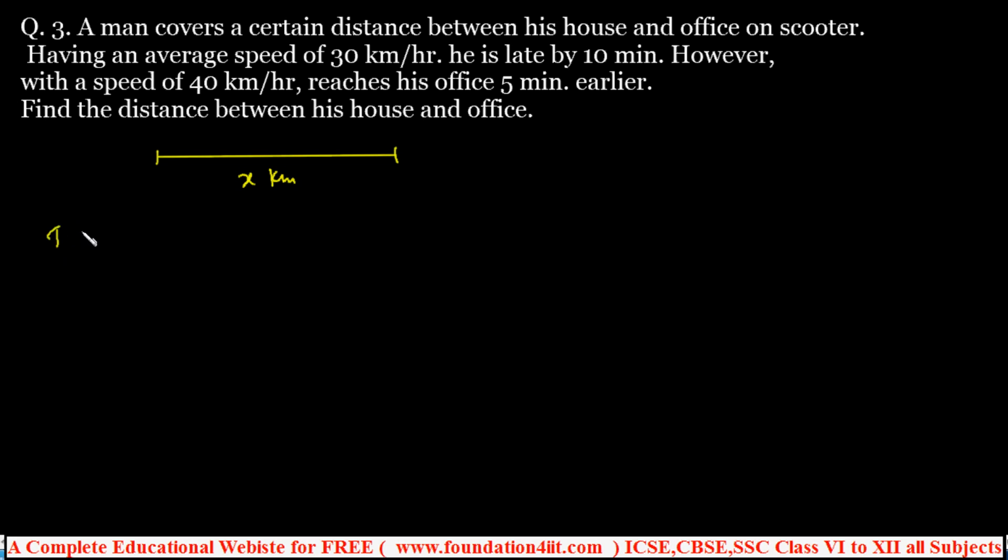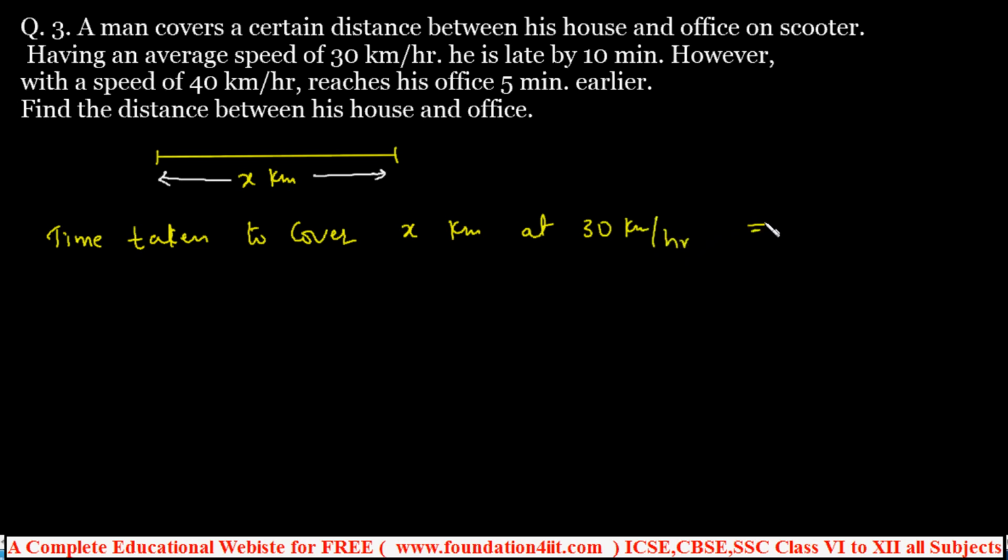First one, time taken to cover this x kilometers at 30 kilometers per hour speed is equal to, we know already, time is equal to distance by speed.